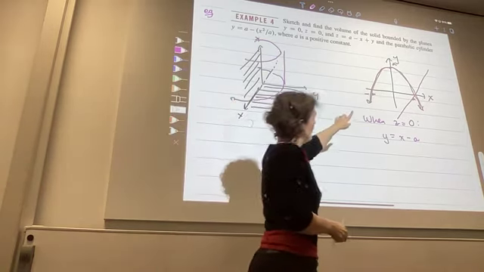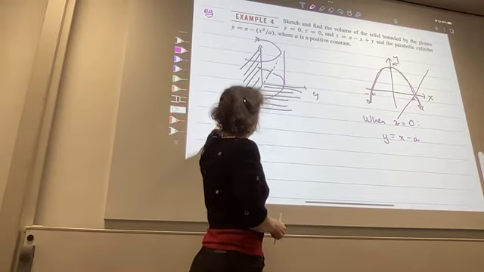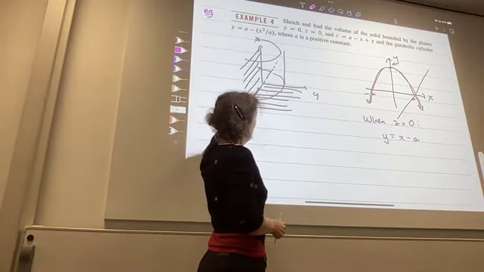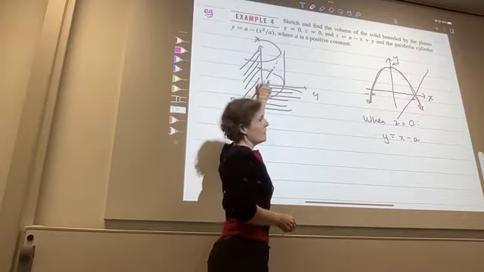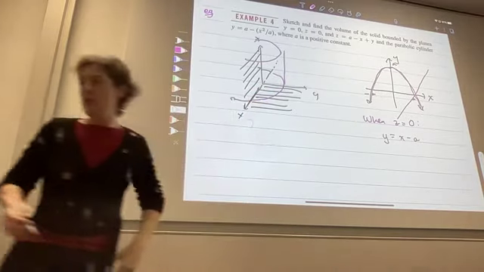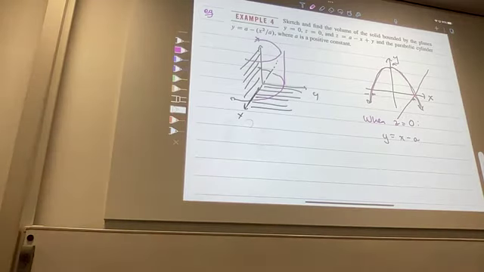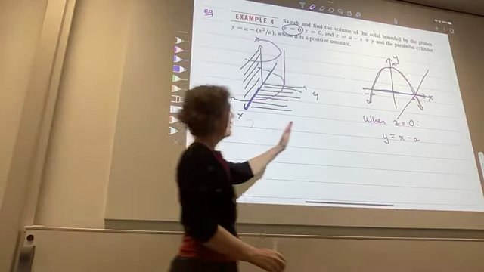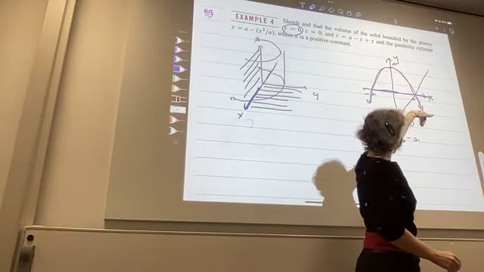Remember we have the line y is equal to 0 as one of our limits. Y is equal to 0 is this line here, or equivalently that line there. And then we've got our parabola.